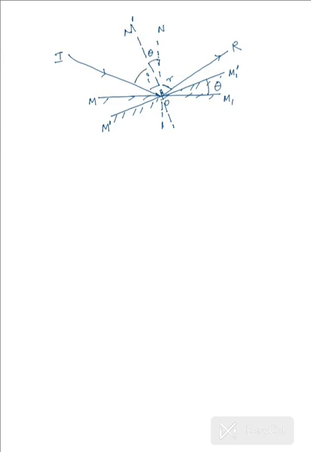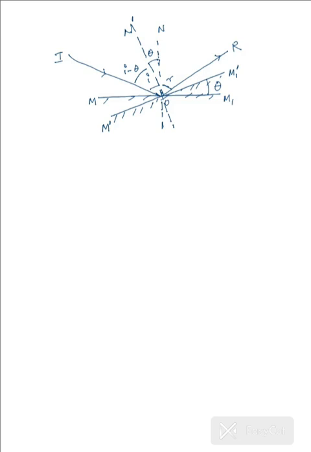Now it has reduced to I minus theta. What about the angle of reflection? Now the reflected ray will also be rotated. We are keeping the IO, that is the incident ray, along that line, while the mirror has been rotated. So there will definitely be some rotation of the reflected ray.